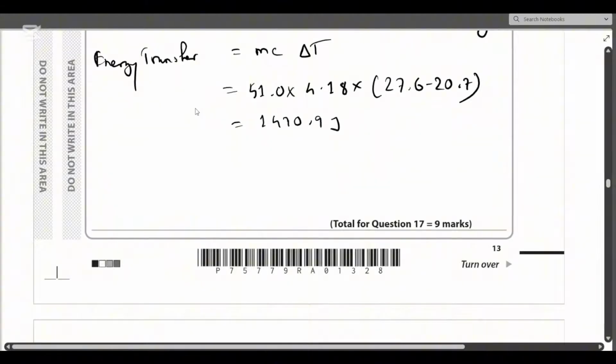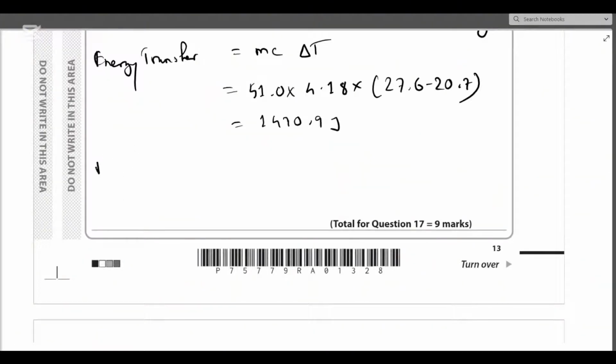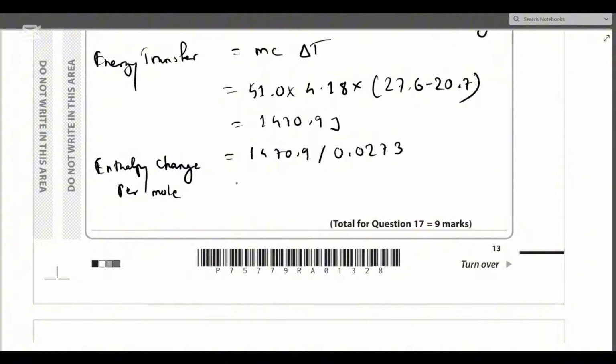Now you can easily divide it in order to find the enthalpy change per mole. If you do the math, you have 1470.9 divided by 0.0273, eventually giving the answer as negative 53, since the temperature increased, so the nature of the reaction is exothermic.